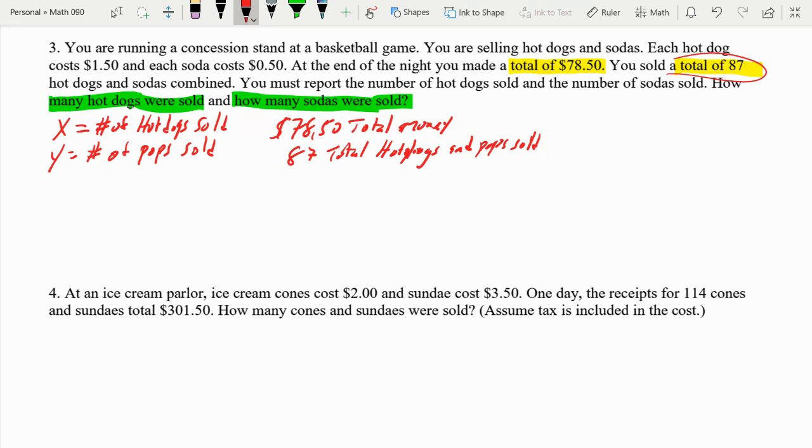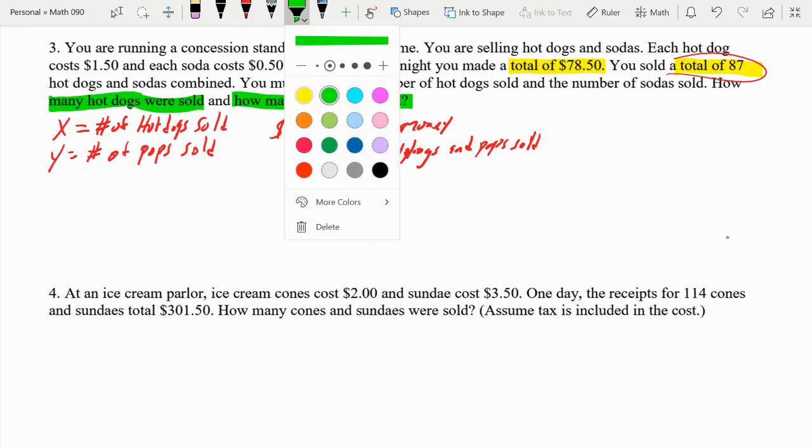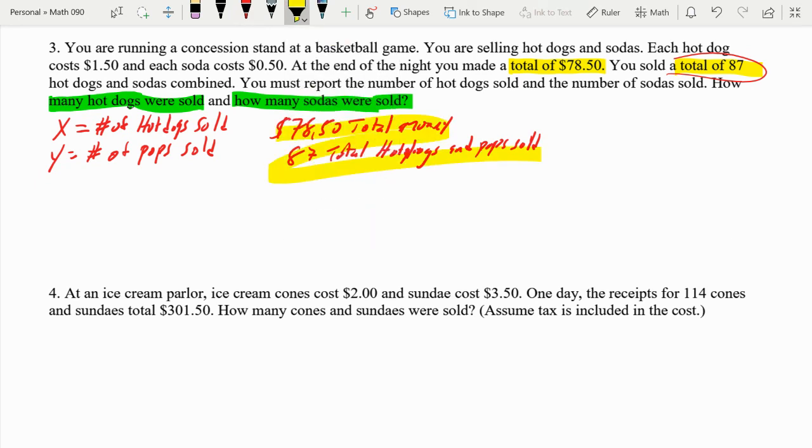All right. Now, our equations. We're using those totals to help us come up with the equations. So we end up with x plus y is equal to 87.